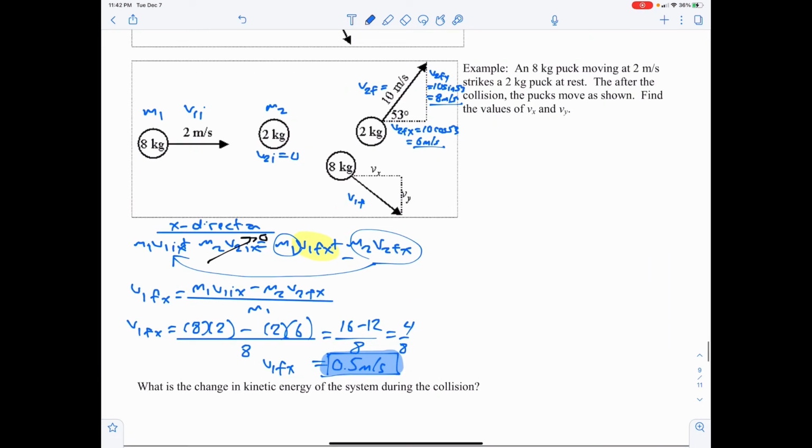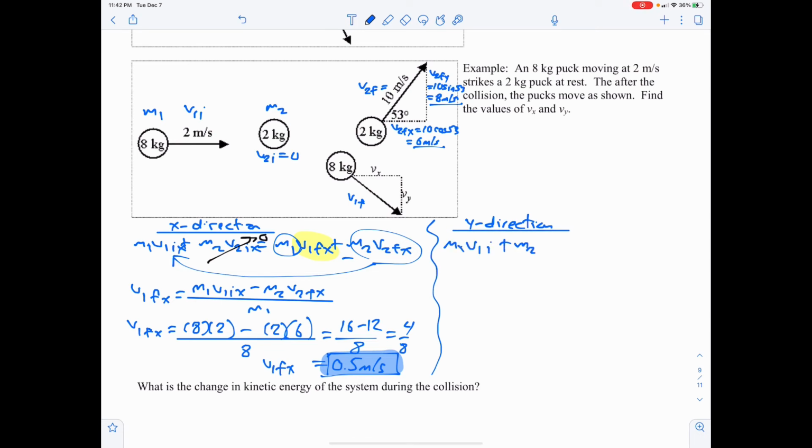Now you're going to focus on the y direction. You can just repeat the process, but you're only focused on the y direction velocity now. So M1 V1 initial plus M2 V2 initial equals M1 V1 final plus M2 V2 final, and you just apply a little y direction after each one.